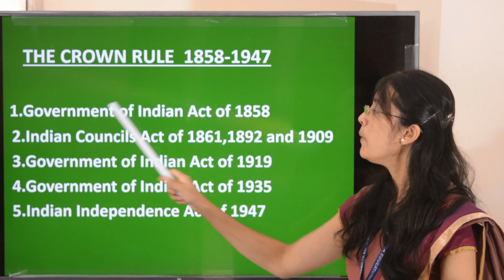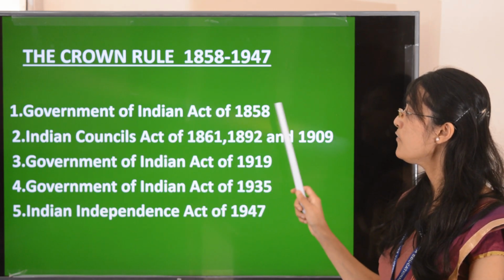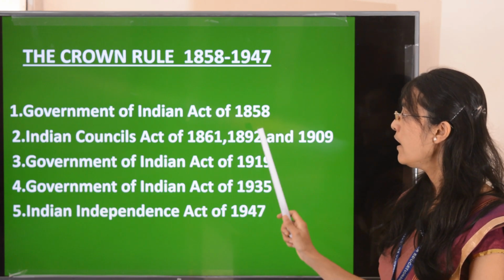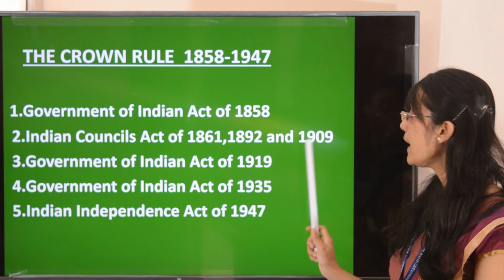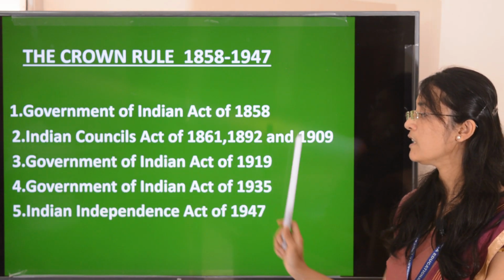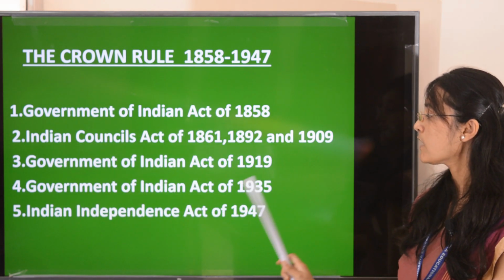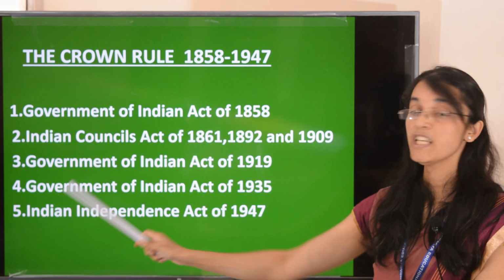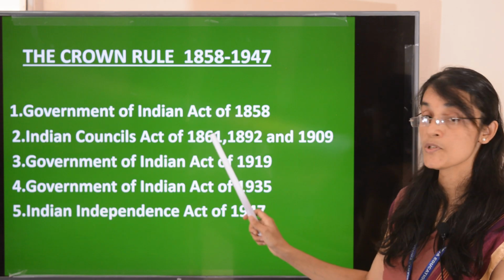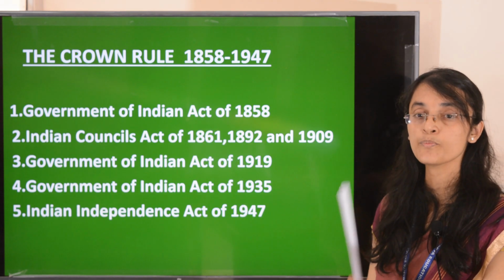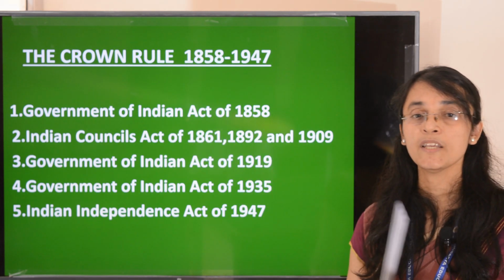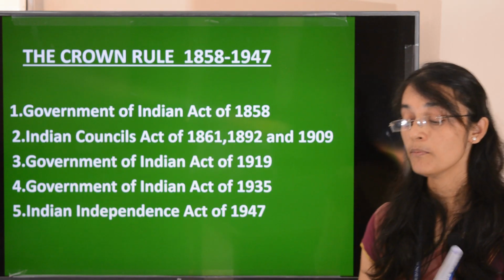Here, the Government of India Act of 1858, Indian Councils Acts of 1861, 1892 and 1909, then Government of India Act of 1919, Government of India Act of 1935 and Indian Independence Act of 1947. These are examples of acts passed during the time of Crown rule. Let us study the features of a few acts one by one.